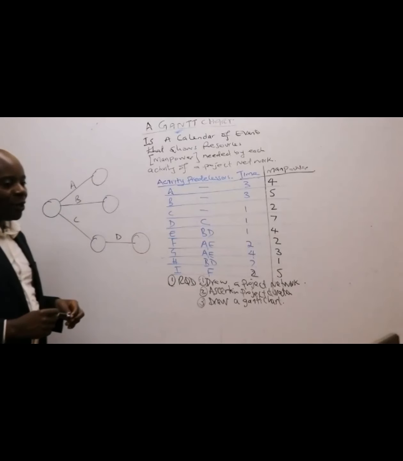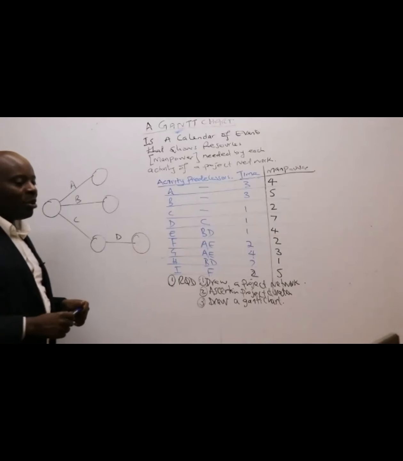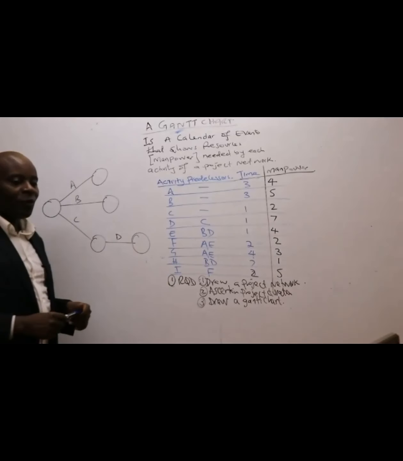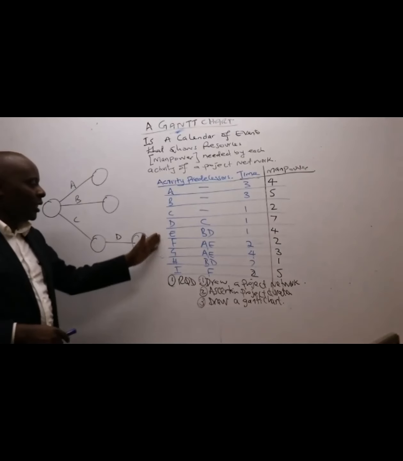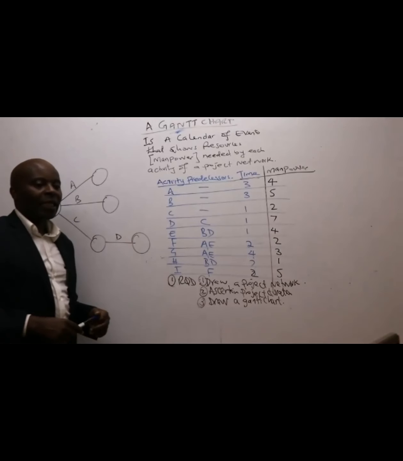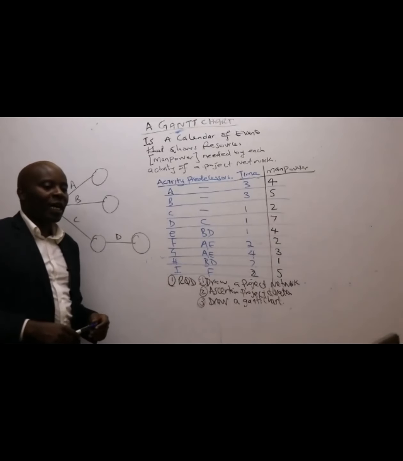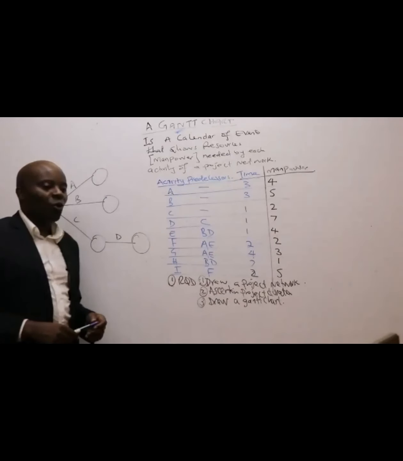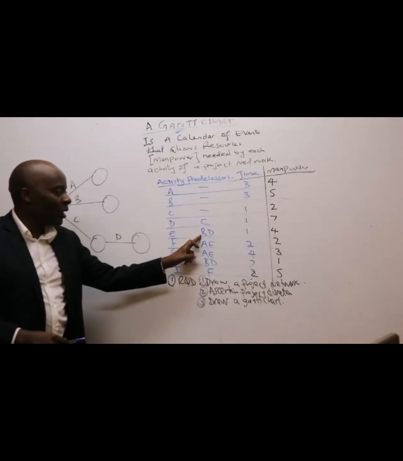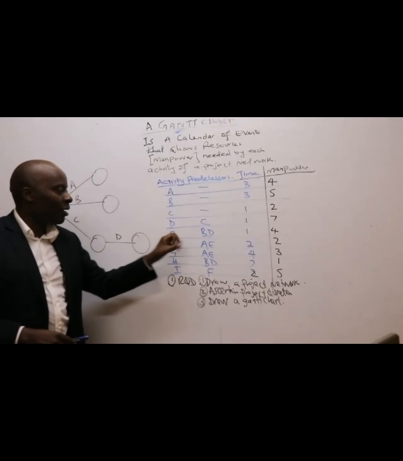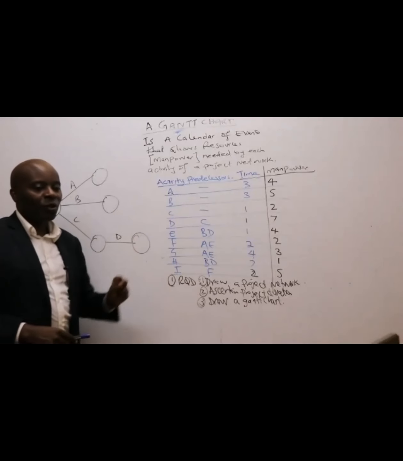I would want B and D to end together for us to be able to have activity E. I would want B and D to end before we start E. So the question is, what do you think we are going to do to have B and D ending together? Because as per this, they must be completed together for us to have E. So what do we do, somebody?